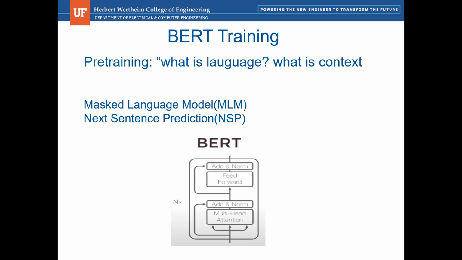The goal is to output the masked tokens, and this is kind of like filling in the blank, like we said, the clause type of reading comprehension task. It helps BERT understand bidirectional context within the sentence.